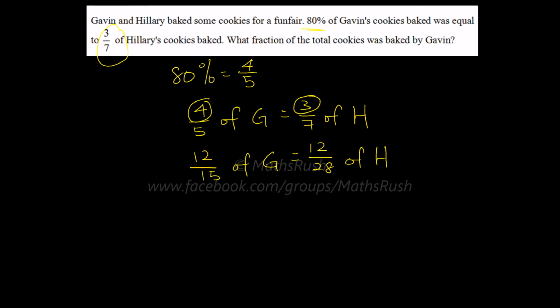From here, I know that Gavin has 15 units and Hillary has 28 units. So what fraction of the total cookies was baked by Gavin? Gavin baked a total of 15, and the total for both of them would be 15 plus 28, so the answer would be 15 out of 43.